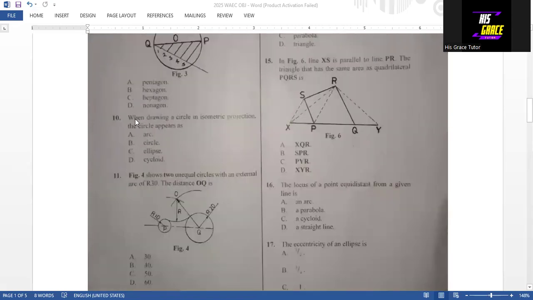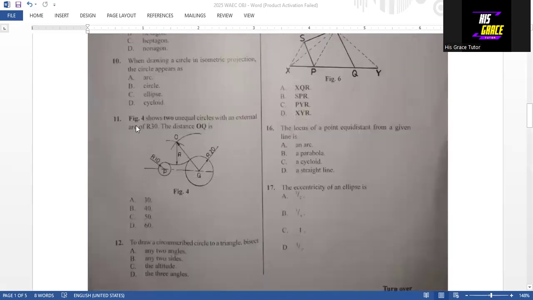Then question 10, when drawing a circle in isometric projection, the circle appears as an ellipse. That is option C is the answer to question 10. So question 11, figure 4 shows 2 unequal circles with an external arc of R30.